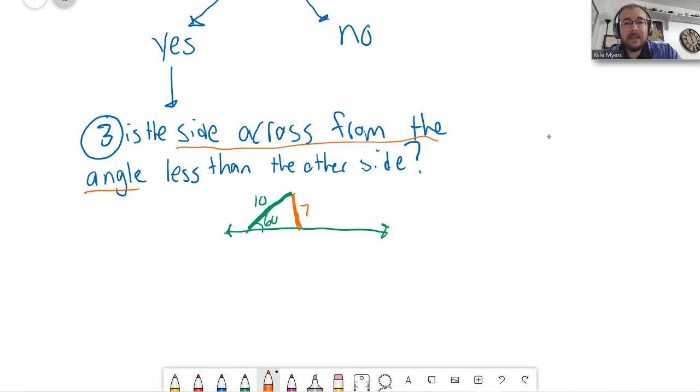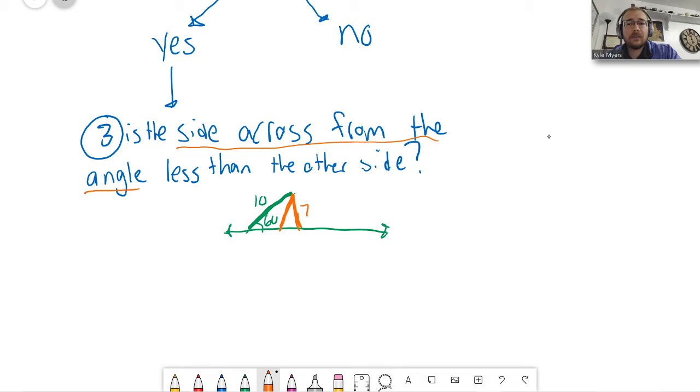So if it's 7, if the side across from the angle is less than the other side, then I could potentially draw 2 of them in 2 different ways without messing with the side or the angle, the 10 or the 60. The 10 and the 60 do not have to move or grow or do anything for me to draw 2 different 7s there. And this is how you make 2 triangles. So that's why step 3 is really important.